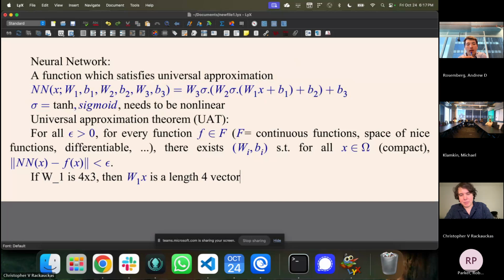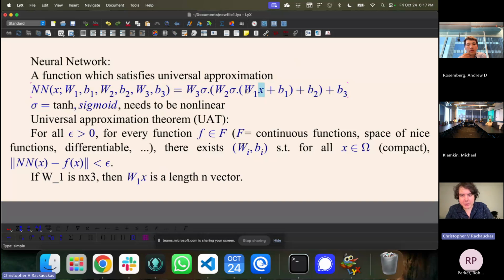But if it's an n by 3, then you might have only 3 values come in, but after this, now you have this gigantic vector. You can make it any size you want. Now it's n, and then you can do this again.